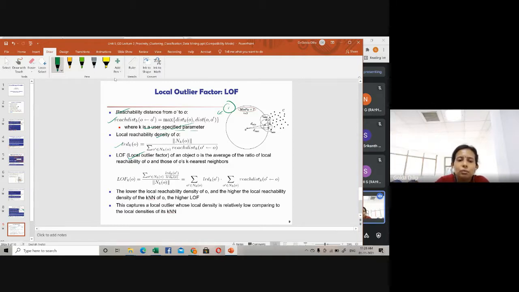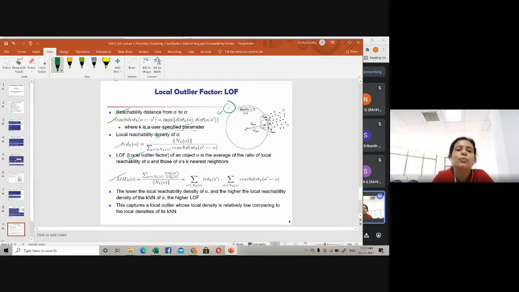To call it an outlier, the local outlier factor of an object O should satisfy this particular equation. You can see here LOF, the local outlier factor. The point to be noted is we need not specify the minimum number of objects in the neighborhood as a requirement to determine the density.